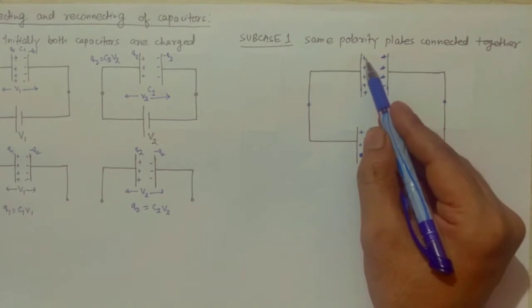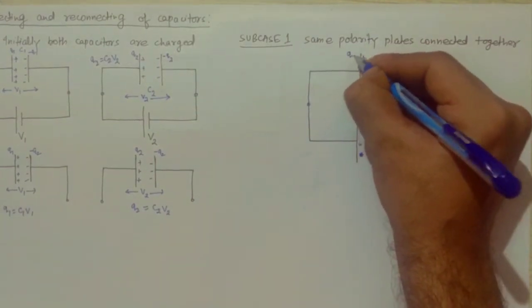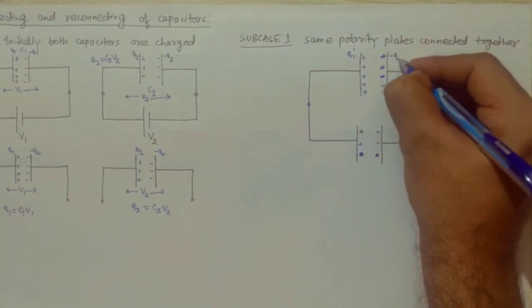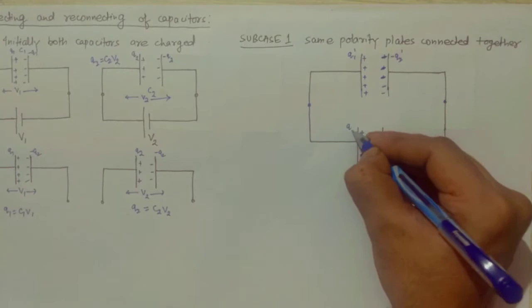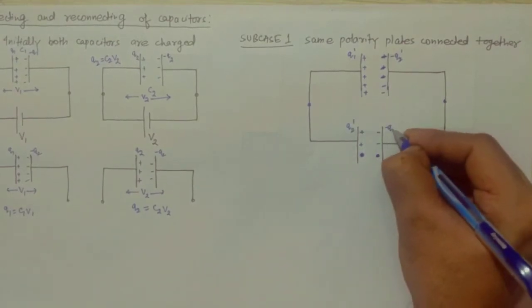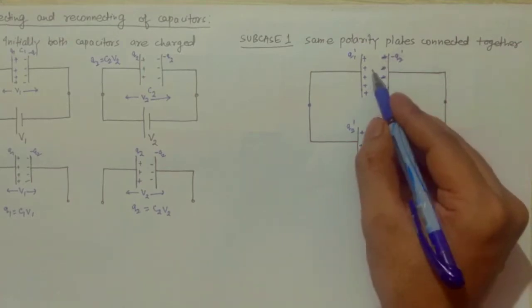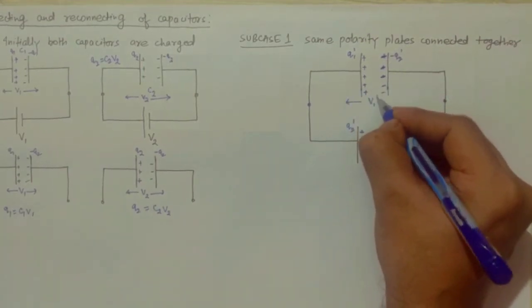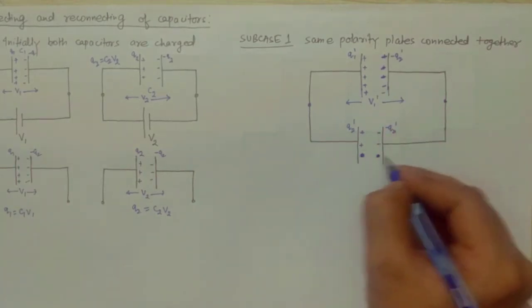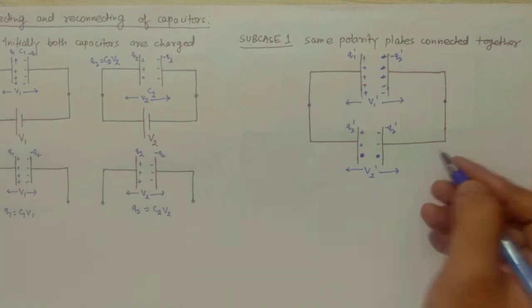Let us assume the final charge on capacitor 1 is Q1 dash and minus Q1 dash, and similarly the final charge on capacitor 2 is Q2 dash and minus Q2 dash. The final potential difference across the plates of capacitor 1 is V1 dash, and similarly across the plates of capacitor 2 is V2 dash.